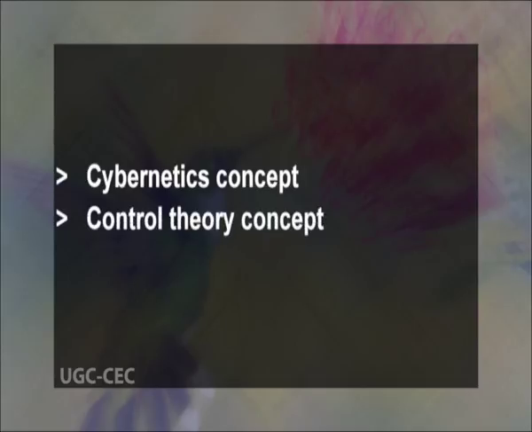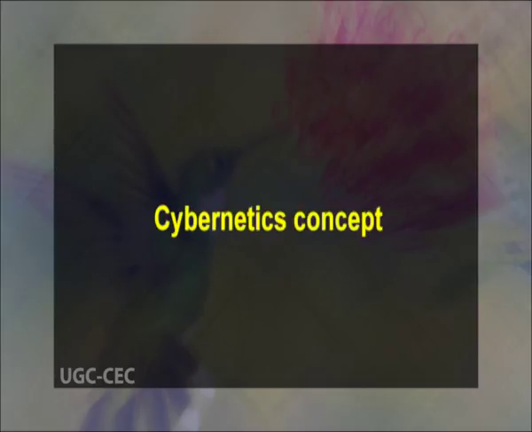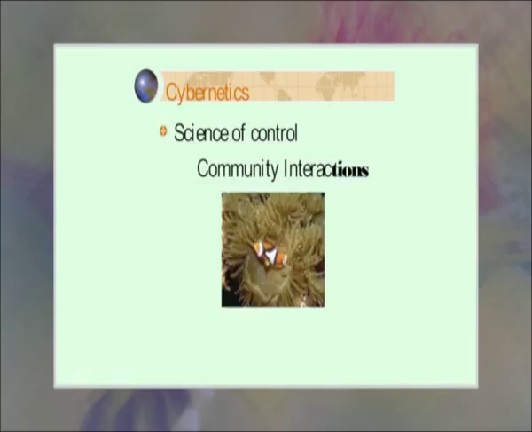The three interactive conceptions of the community that Caswell, 1976, distinguished were based on cybernetics, control theory and niche theory. Cybernetic concept is that in which the state variables of a system encode all the aspects of the system's history that are relevant to its development in the future, that is, a self-regulating entity.